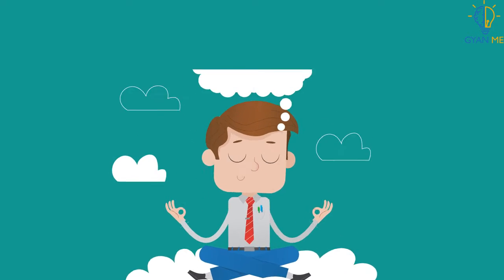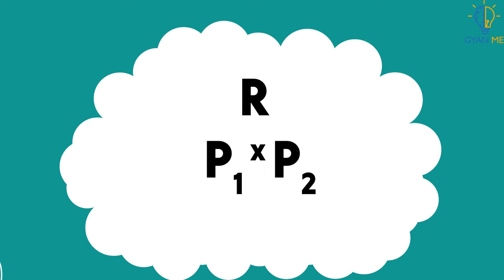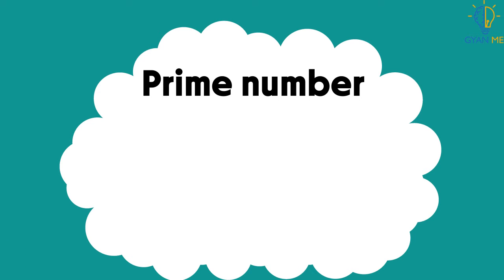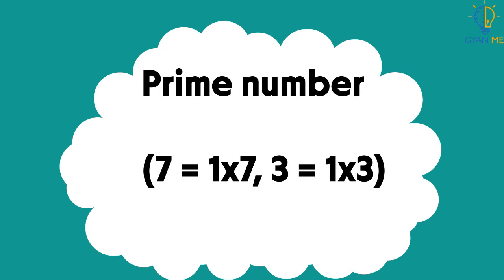Students, recall that any positive integer, which is also a real number, can be expressed as the product of its prime factors, known as the prime factorization of real numbers. Any prime number is a natural number greater than 1 that is not a product of two smaller natural numbers.